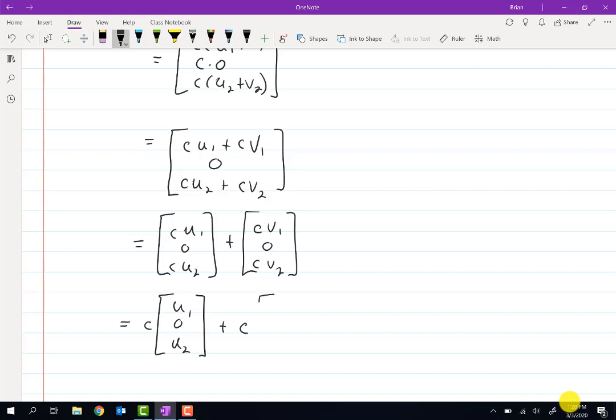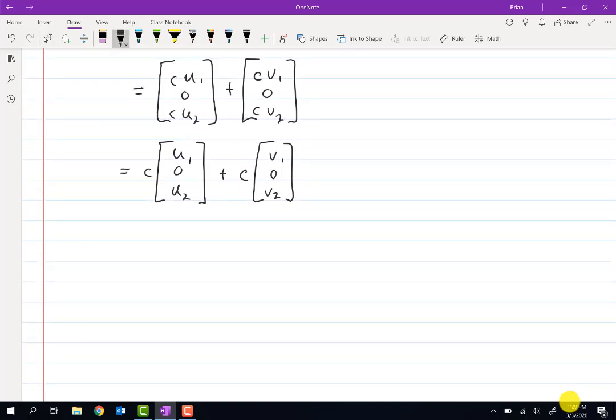C times V1, 0, V2. And that is C times the vector U plus C times the vector V. So there's that distributive property fulfilled.